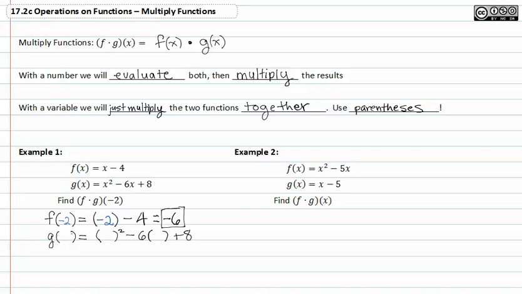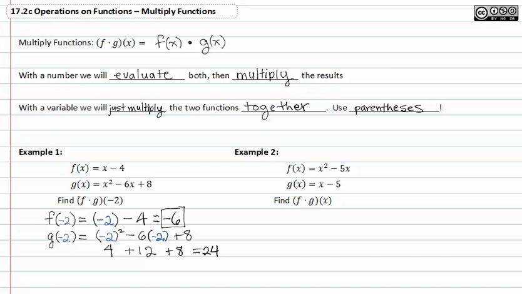When I'm asked to evaluate at -2, I'm dropping a -2 wherever there was an x in the original g of x function. When I evaluate this, I get 4 plus 12 plus 8, which equals 24.